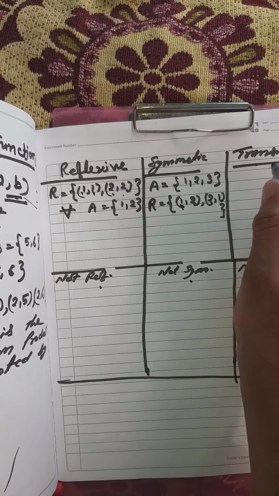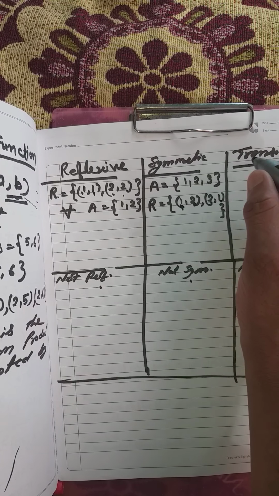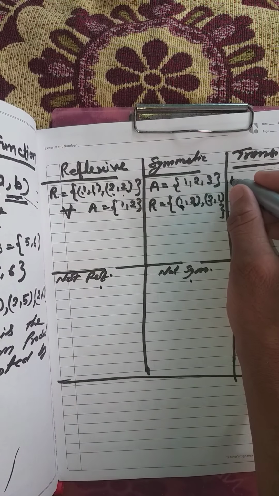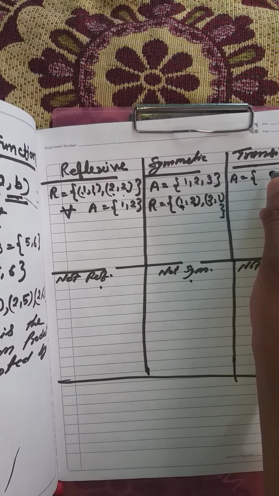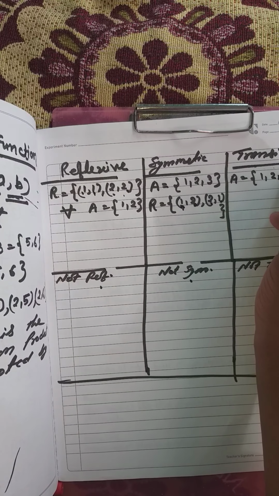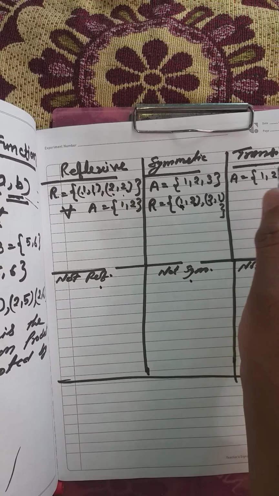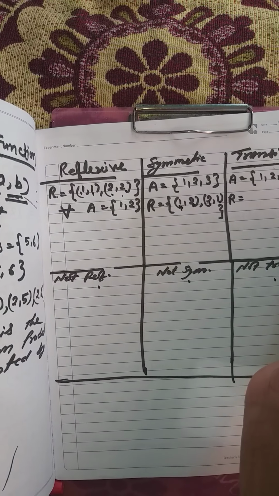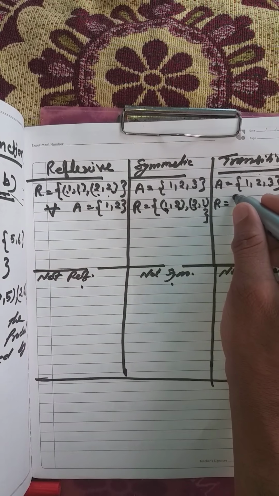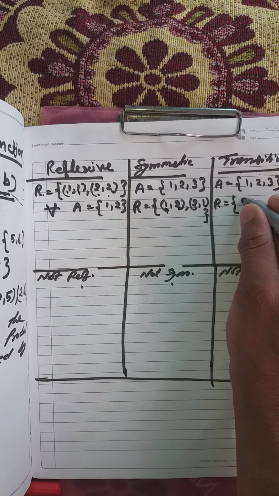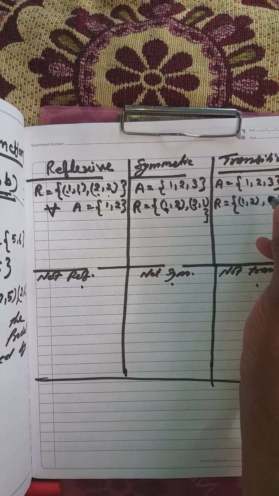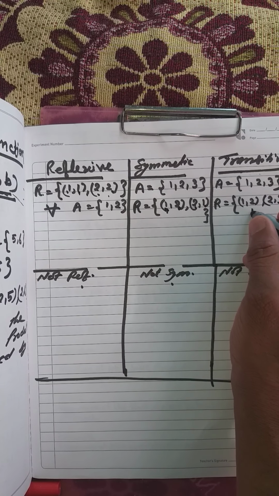Now come to transitive. For transitive, we just take three ordered pairs. Let us suppose we have a set A = {1, 2, 3}, and let relation R be denoted R = {(1, 2), (2, 3), (1, 3)}.